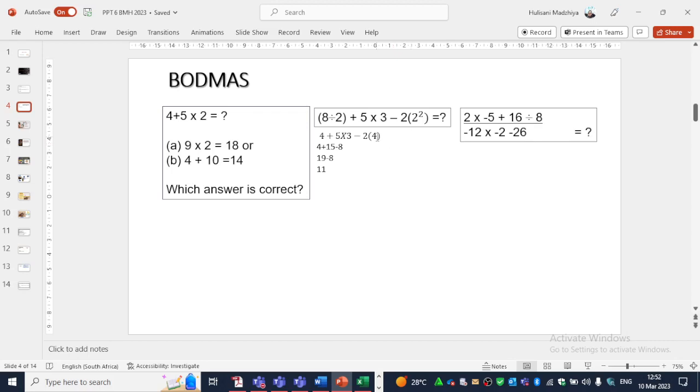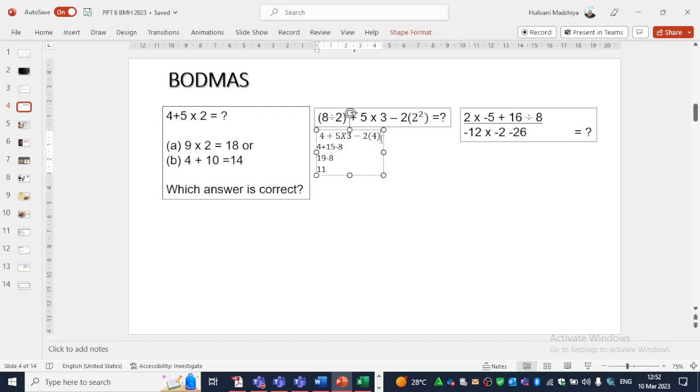So we're going to have 4 multiplied by 2, giving us 8. So that's simultaneous calculation of everything within the brackets and cancelling the brackets.